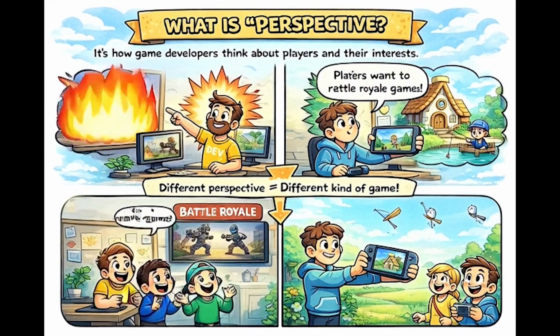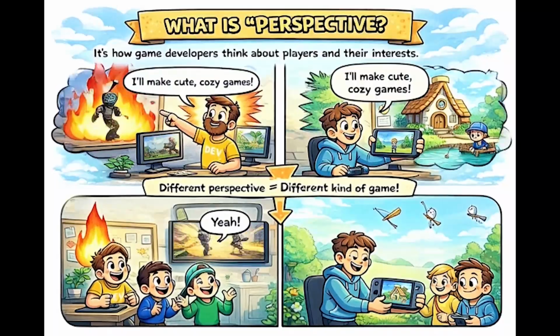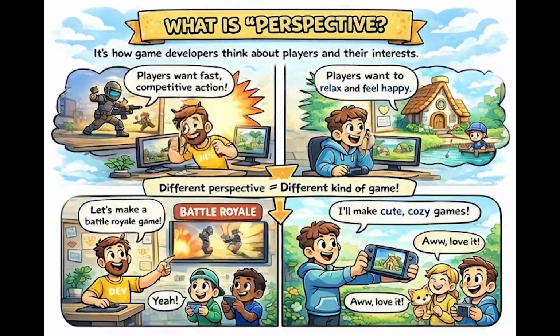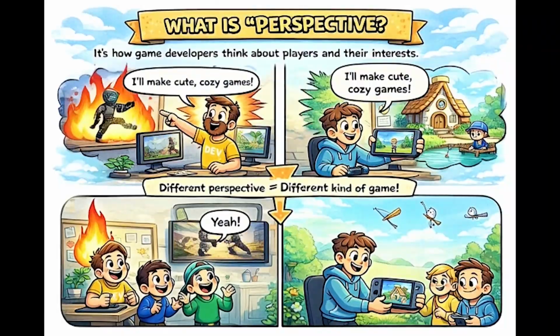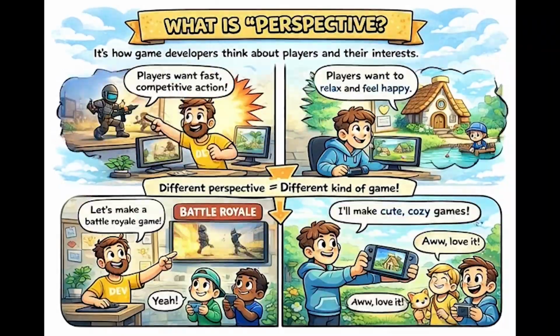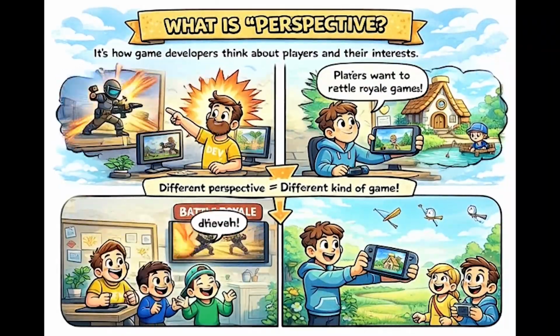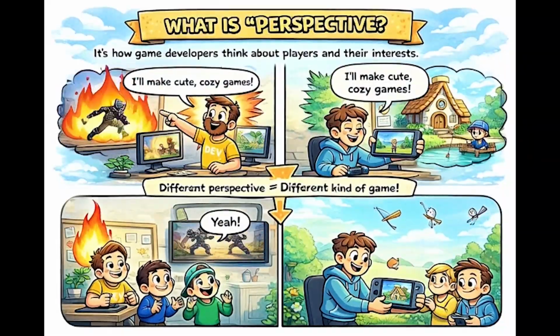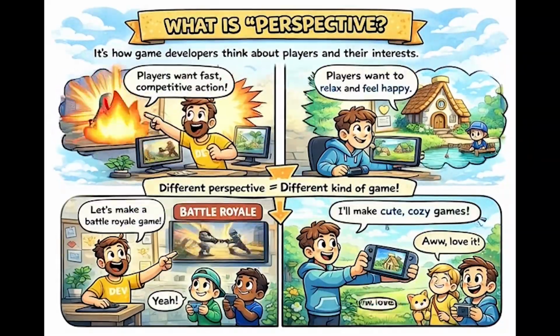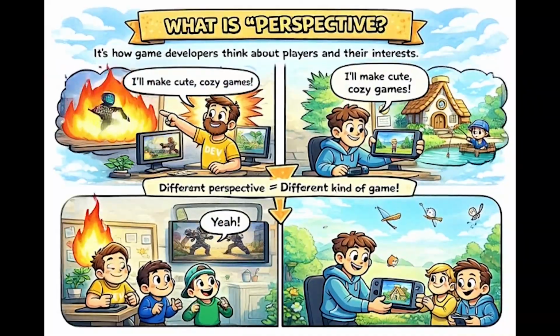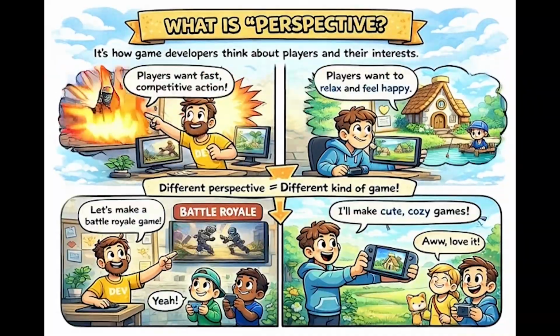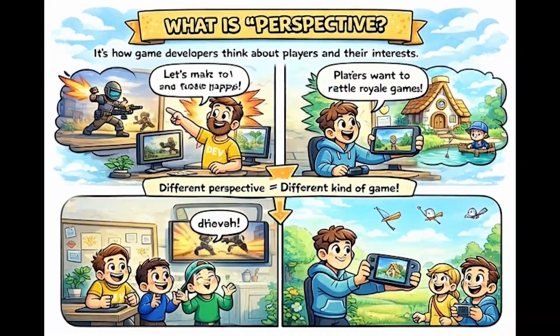What is perspective? Perspective is the way of believing and thinking of the game developer. For example, the game developer thinks about the customers. As game developers, we used to think that the player always comes first.